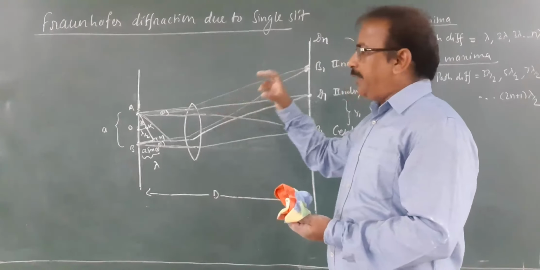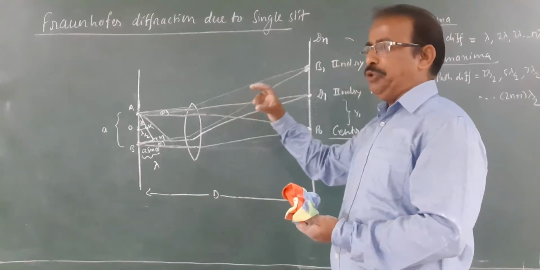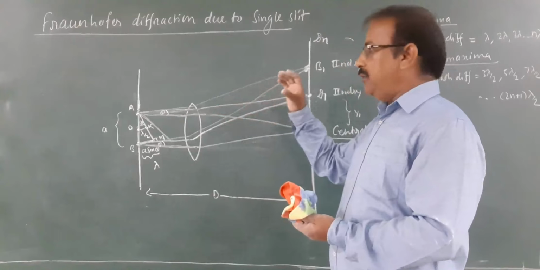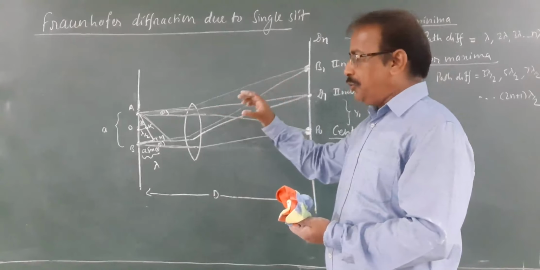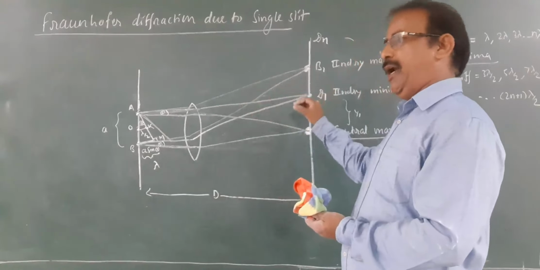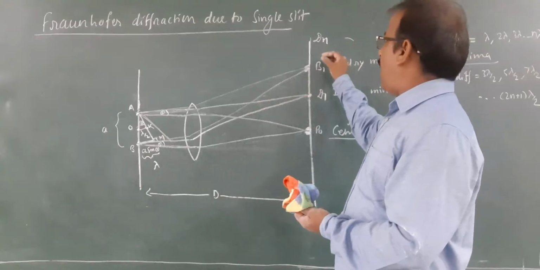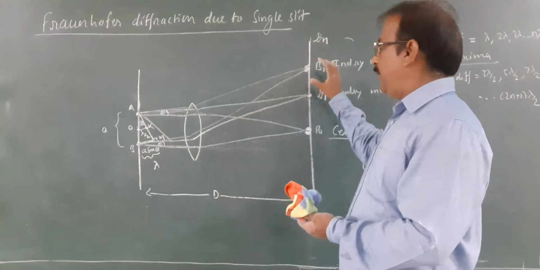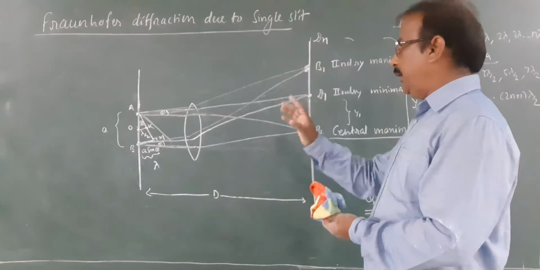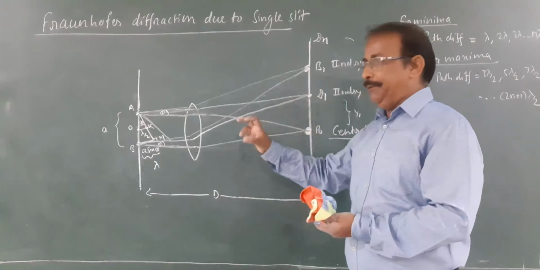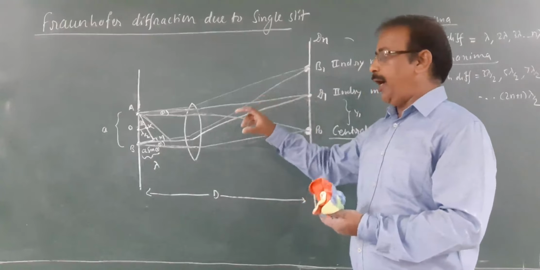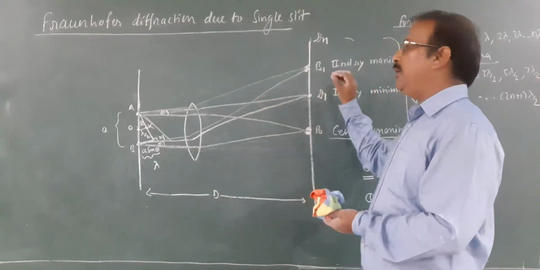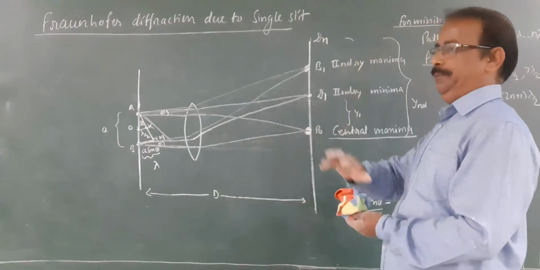The waves that come from the first two consecutive slit elements will get cancelled at this point P1 because they will come out of phase. But the wave that comes from the third slit element will remain as it is here.